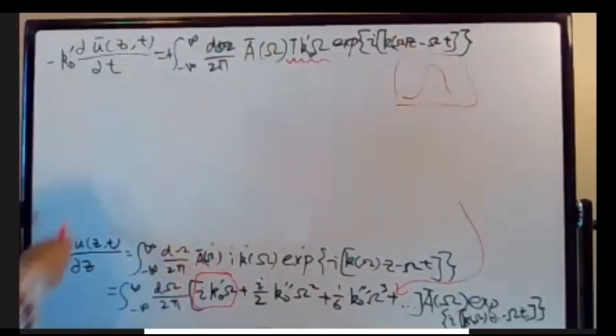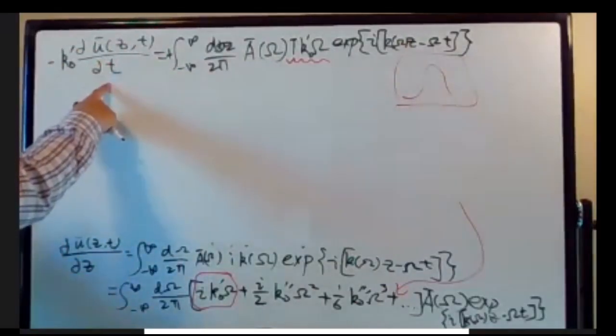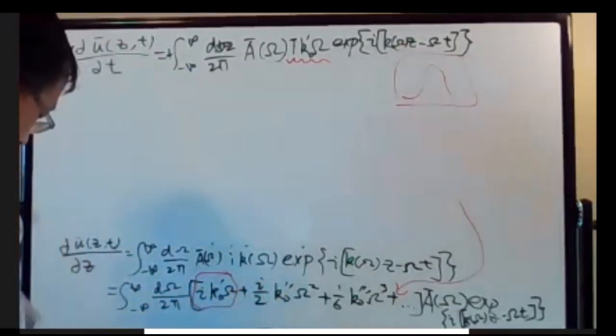But at least we can write this equation, partial u with respect to z as a function of partial u partial t. But how to deal with the second term?